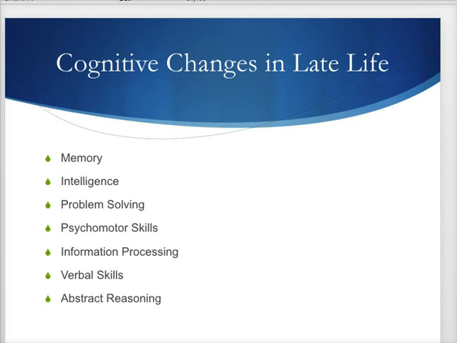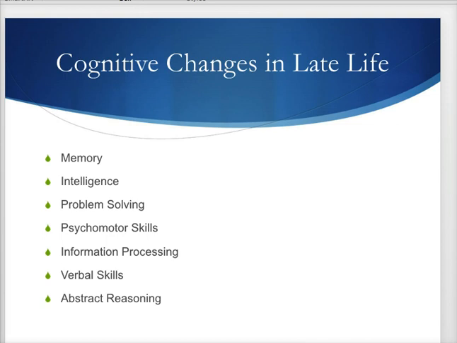And remote, there's no decline. The implication of the memory is that older adults especially need to rely on contextual clues when they're learning how to do new tasks.